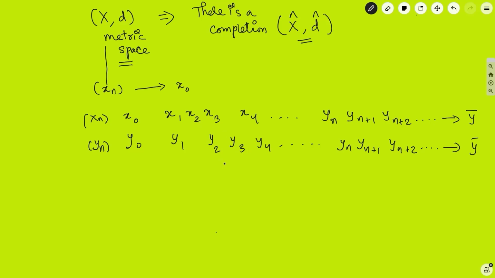Well, we have something called an equivalence relationship. Okay, so what we are going to do is look into the space of all the Cauchy sequences, right?